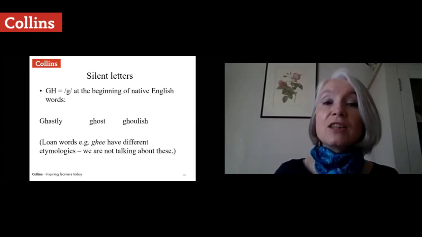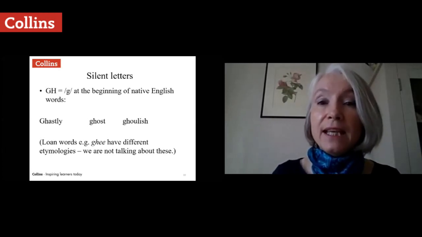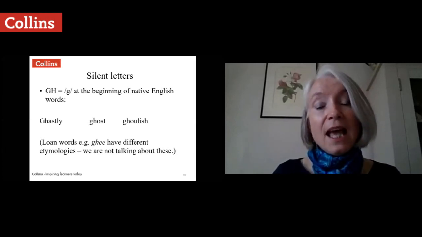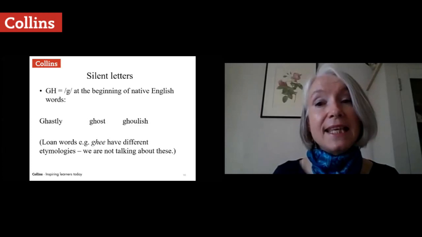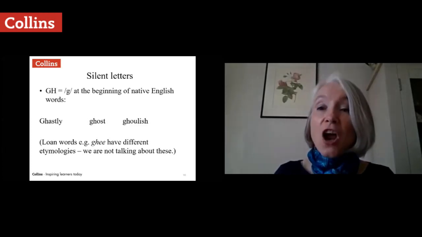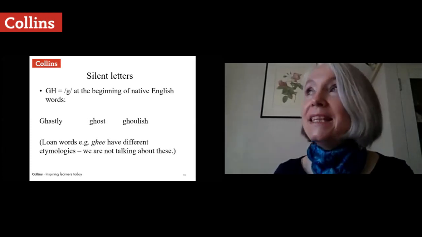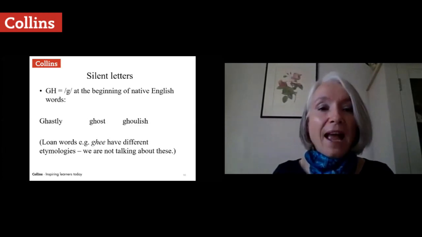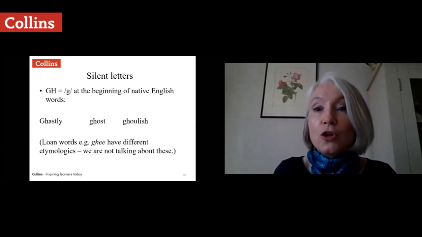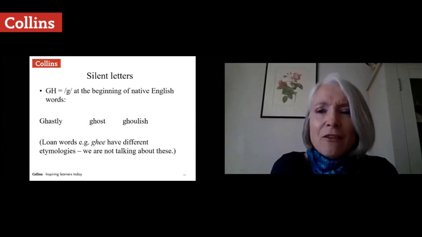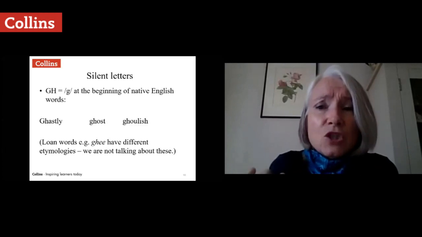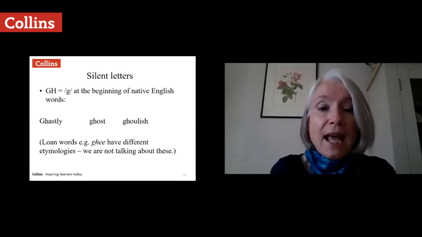But GH at the beginning of native English words is down to the spelling reformers again, and they deliberately added the H to try and communicate in writing a sense of the supernatural, a sense of the fact that ghastly, ghost and ghoulish all have meanings that we should be slightly frightened of because they relate to the supernatural and things we don't understand.